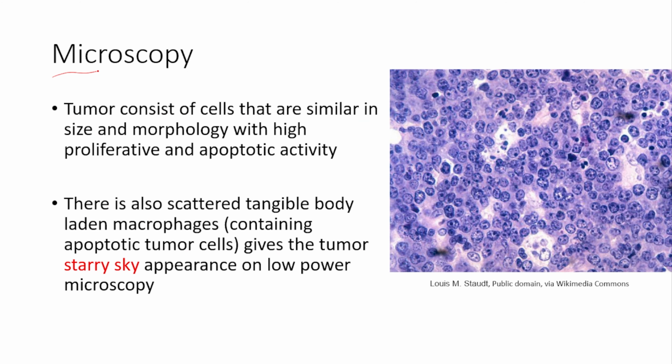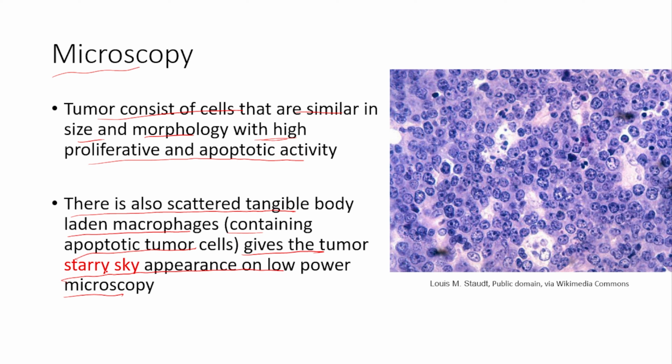Regarding the microscopy, the tumor consists of cells that are similar in size and morphology with high proliferative and apoptotic activity. And there are also scattered tingible body-laden macrophages containing apoptotic tumor cells, which gives the tumor a starry sky appearance on low power microscopy.